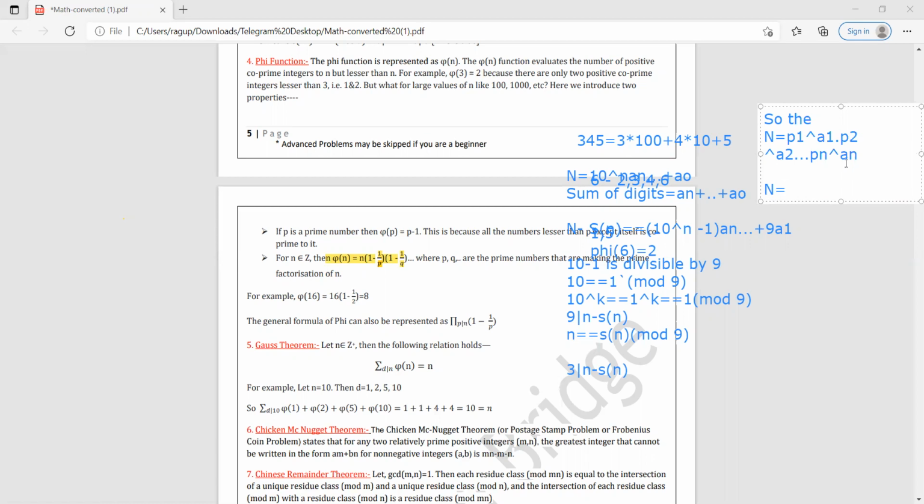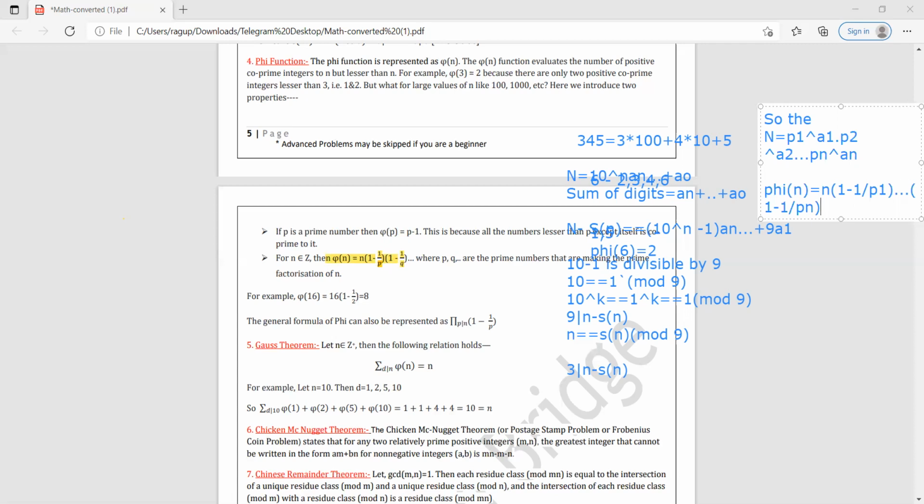So there are n primes in its factorization. Then it means that phi of n would be equal to n into 1 minus 1 upon p1, into 1 minus 1 upon pn, so all primes.